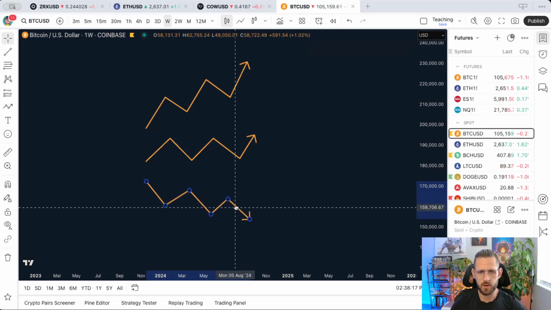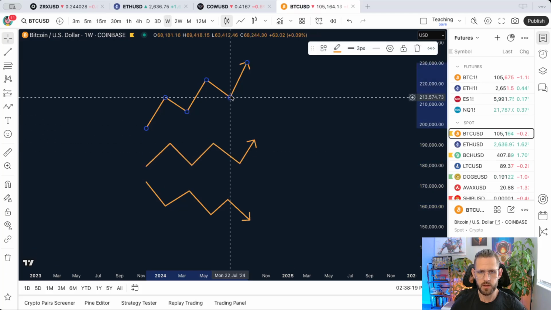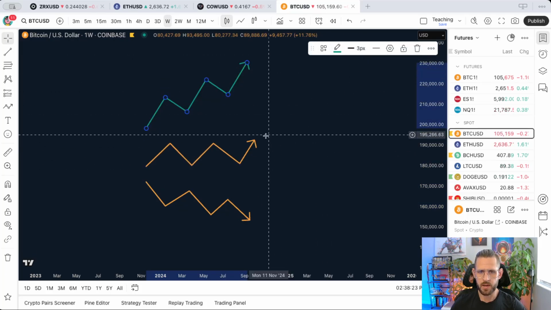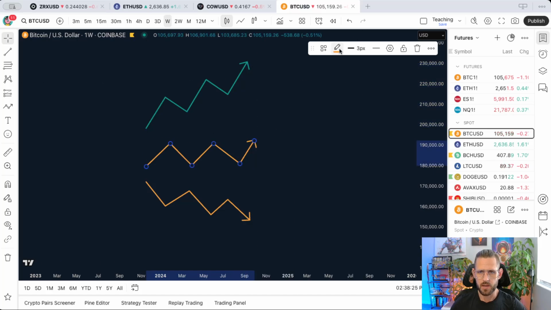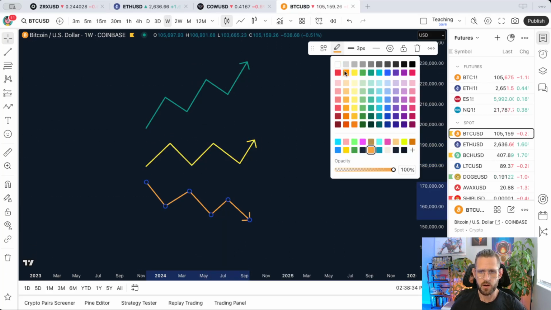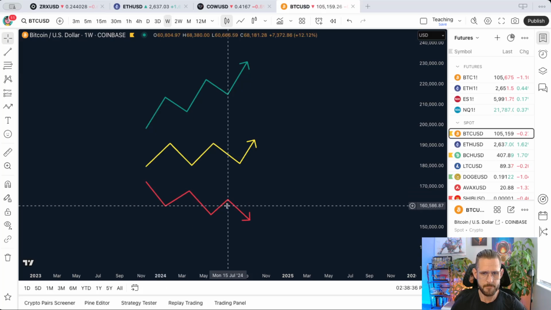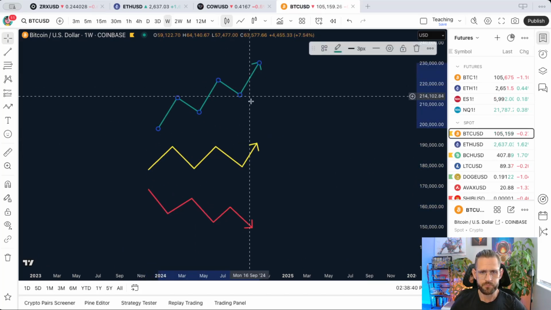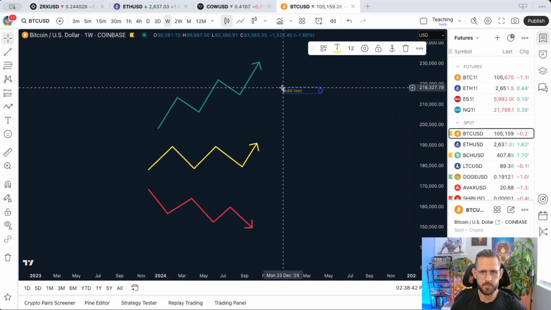Okay, so let me go ahead and format these really quick for us. Let's use green for our uptrend. Let's use yellow for our sideways trend, and let's use red for our downtrend, okay? So let's go ahead and define these really quick. So let's look at our uptrend.